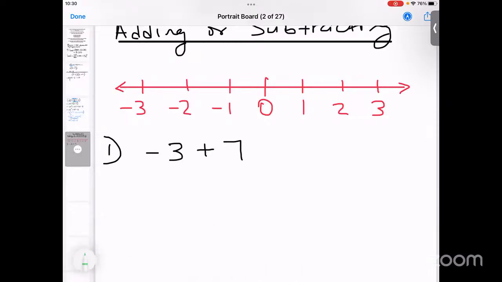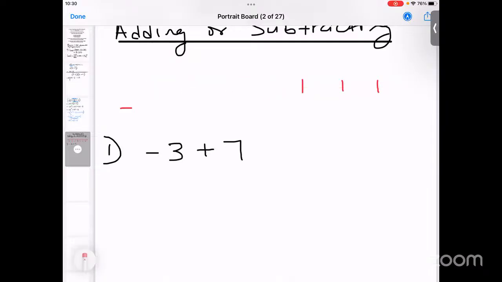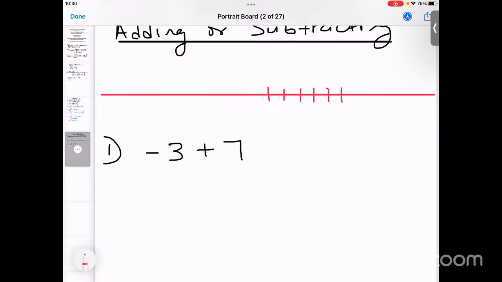And on a number line, maybe it is short, let me just redo this number line so that at least it's a bit longer for you to have a better understanding of how a number line can be used. Let's say we are having 1, 2, 3, 4, 5, 6, 7, 8, 9, 10.